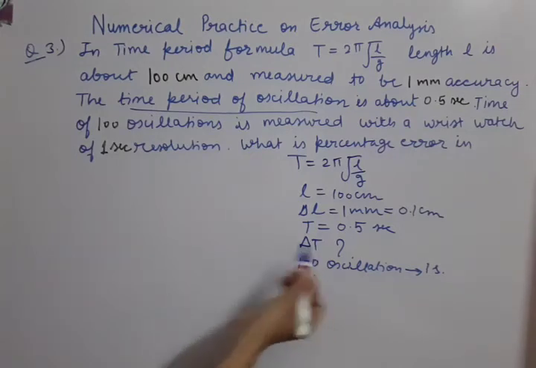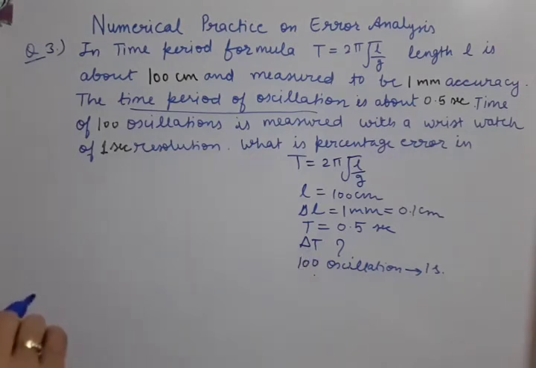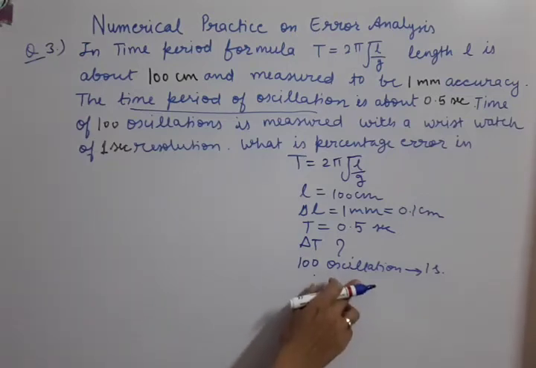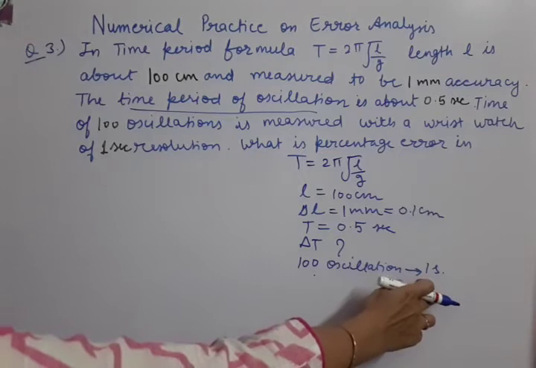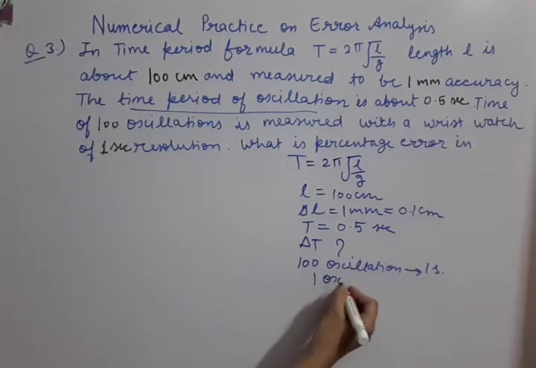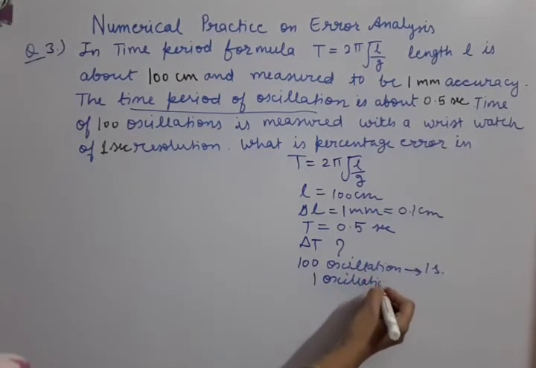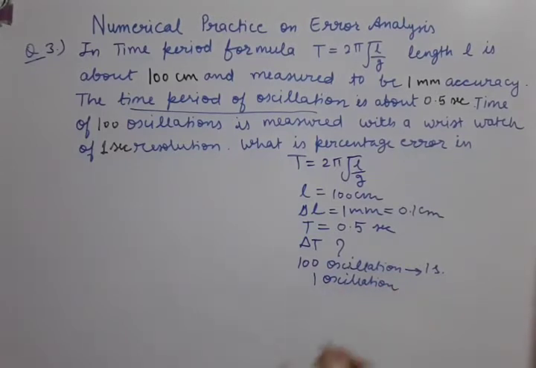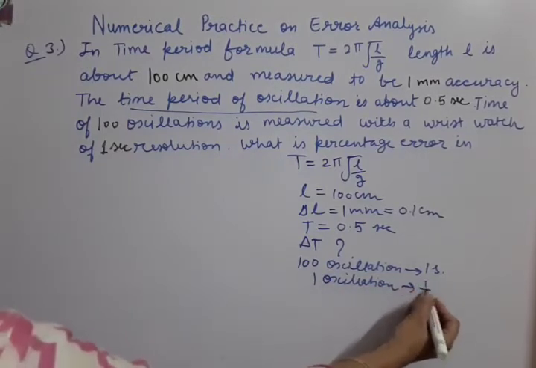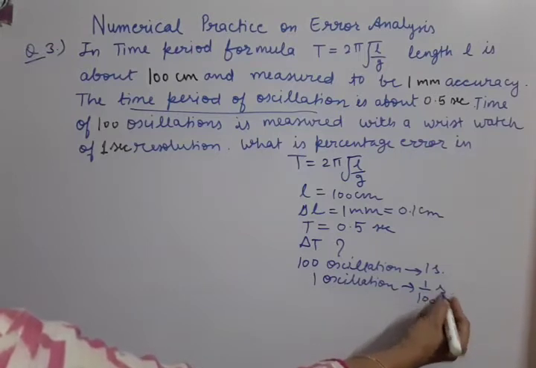Now delta capital T means only the accuracy in one oscillation time is needed. So in 100 oscillations, if accuracy is 1 second, how much is the accuracy in one oscillation? It will become, by the unitary method, 1 by 100 second.